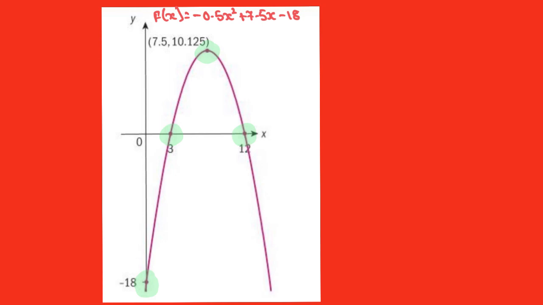We could draw in our line of symmetry, which would go through the point x equals 7.5, and would have the equation x equals 7.5.